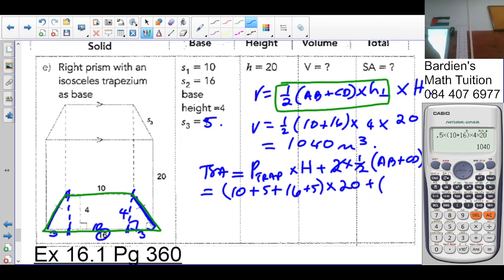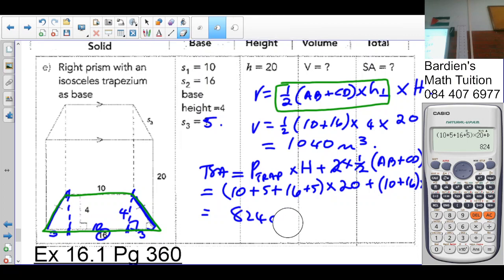Plus 10 plus 16 times your perpendicular height, which is 4. So it's 10 plus 5 plus 16 plus 5 times 20 plus open brackets 10 plus 16 close bracket times 4 gives you 824. Is that correct? 824 units squared.